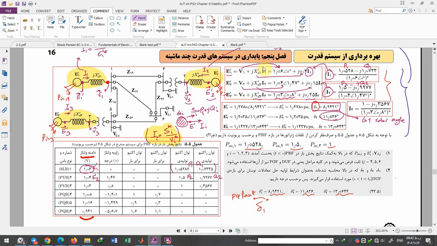The I1 comes from this equation. What is this equation?